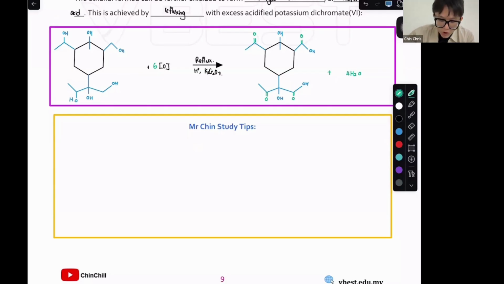Clear? Or guys, if you want to turn an alcohol straight to a carboxylic acid, can also. You can do it straight by oxidizing it under KMnO4 or K2Cr2O7/H+ reflux. That's it.